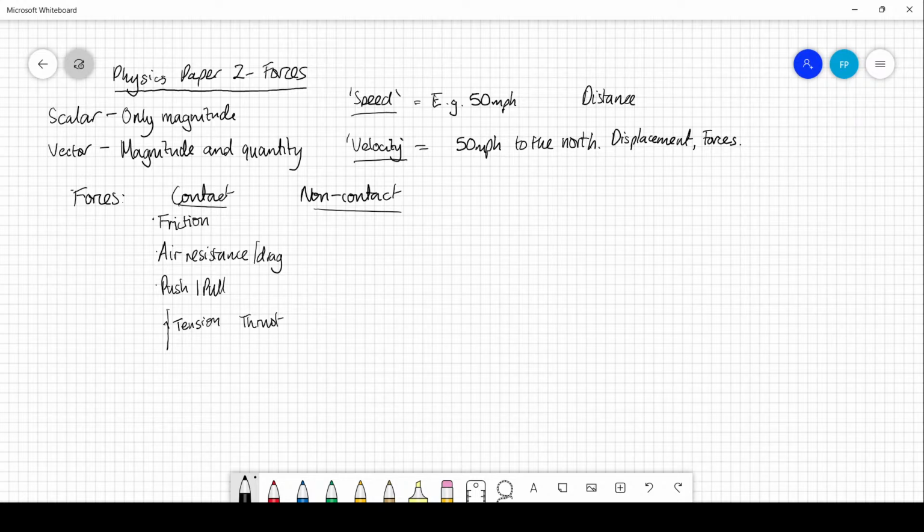This could be magnetic fields, so magnetism is a non-contact force. And one good example that we'll look at constantly is gravitational pull. This can also be called weight, which we'll come into in a bit.